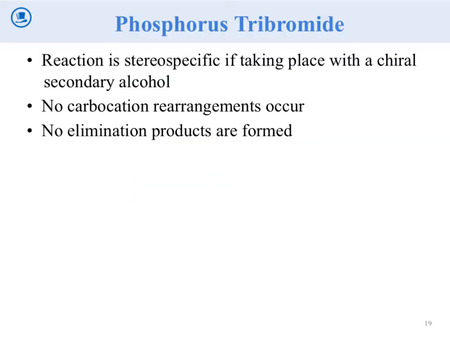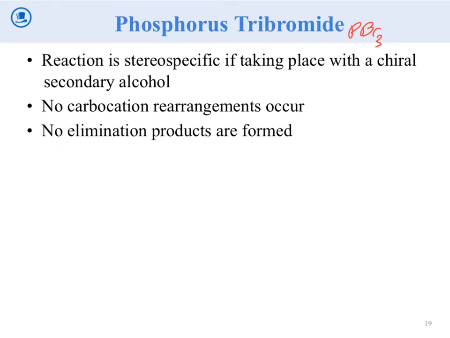So what are the things to remember with phosphorus tribromide, which is just PBr3? It is stereospecific. All that means is if you have a chiral secondary alcohol, you're going to do inversion. There are no carbocation rearrangements, so no carbocations, and you don't have to worry about elimination.